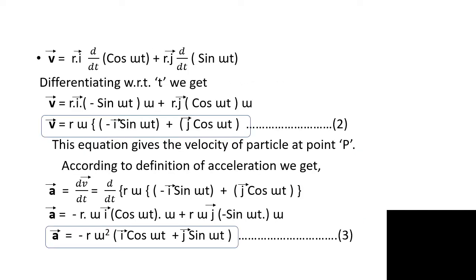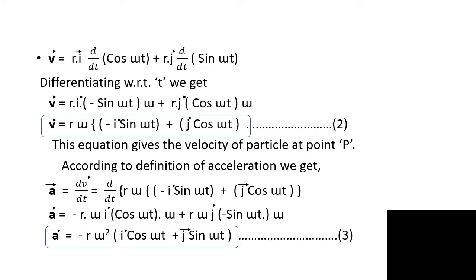So finally we get v bar equal to r into i bar d by dt of cos omega t plus r into j bar d by dt of sin omega t. Differentiating with respect to t, we get v bar equal to r into i into minus sin omega t into omega plus r into j into cos omega t into omega. So here v bar equal to r omega into minus i bar sin omega t plus j bar cos omega t.